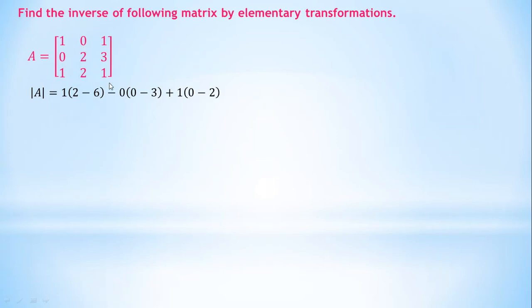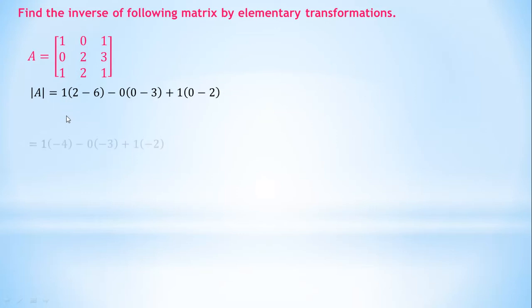Then take the second element with a minus sign: minus 0 into, again remove the row and column of that 0, then 0 into 1 is 0, minus 3 into 1 is 3, means 0 minus 3. Then plus, take this element, 1, again remove its row and column, and then 0 into 2 is 0, minus 2 into 1 is minus 2. So this is the procedure to get the determinant.